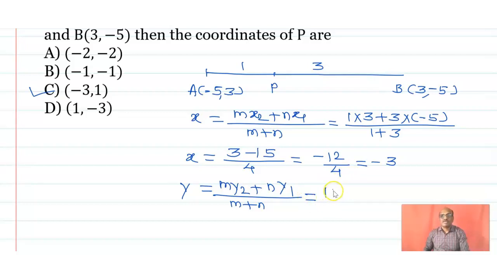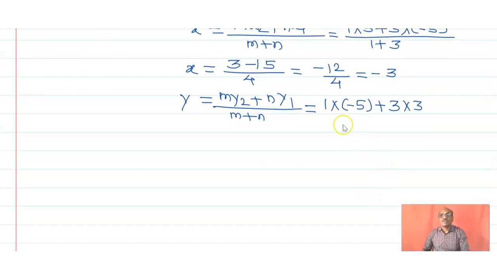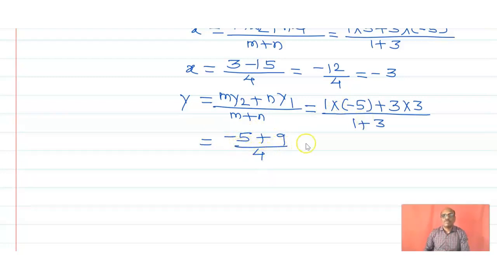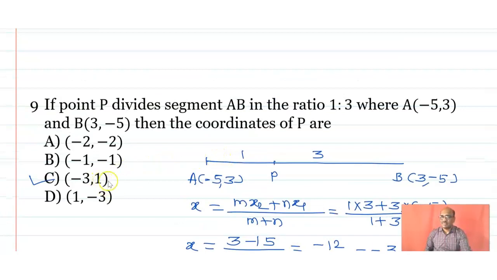M is 1. 1 into, इथे किती येणार तर -5. 1 into -5 plus n किती आहे तर 3 आहे. 3 into 3 and this whole divided by 1 plus 3, and that is equals to here -5 plus 9 upon 4, then you get 4 upon 4 and that is equals to 1 and y is equals to 1. Okay, बघूया आपण इथे correct आहे, y is 1.